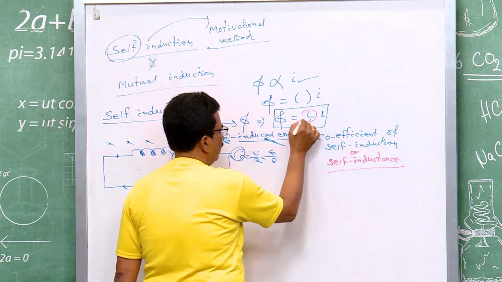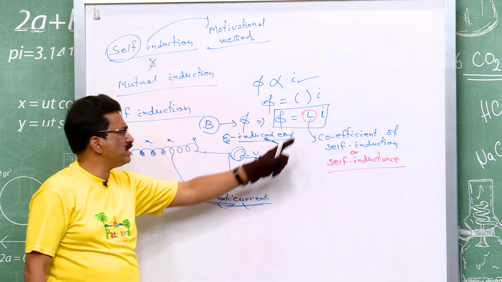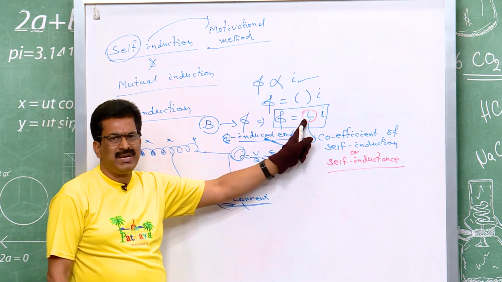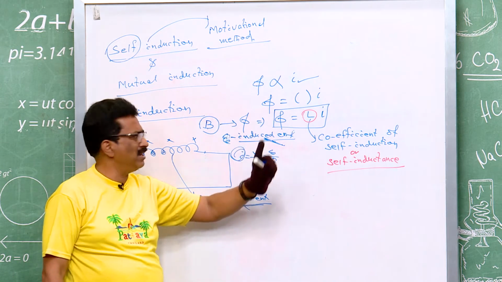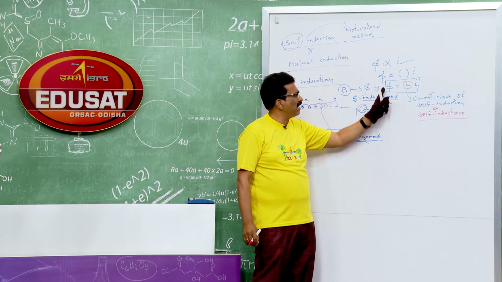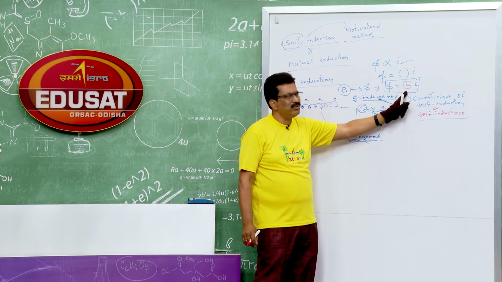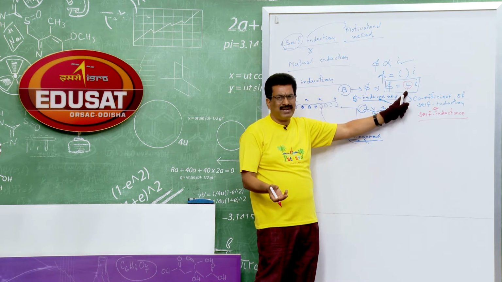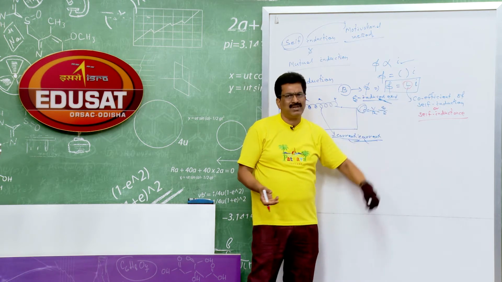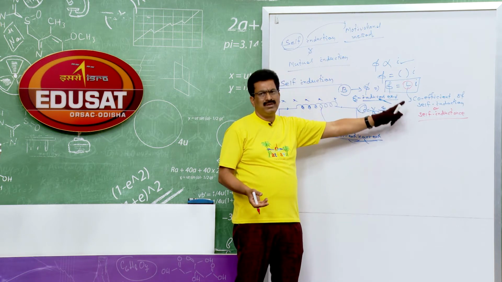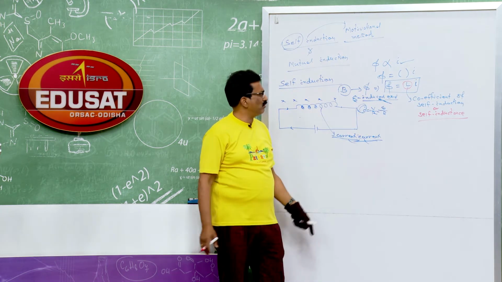This is the general symbol used for the coefficient of self induction, and if phi is there, Lenz's law automatically becomes applicable. When we go to Lenz's law and Faraday's law, another expression of self induction will arise, and that we will come to know later.